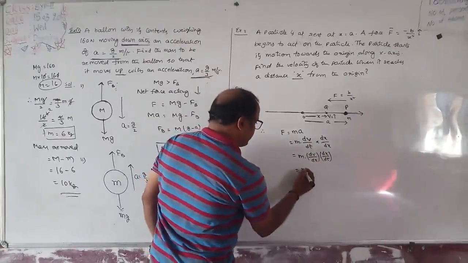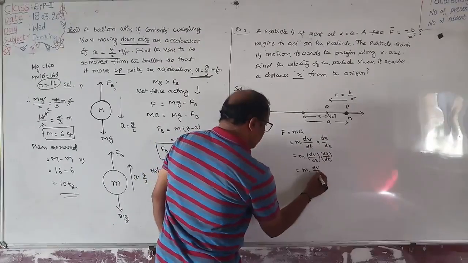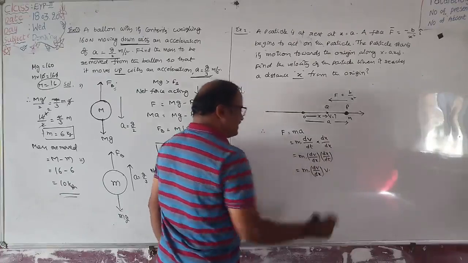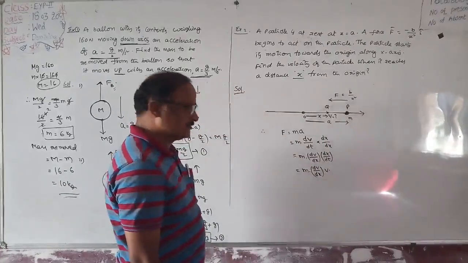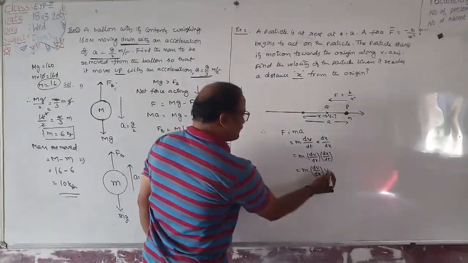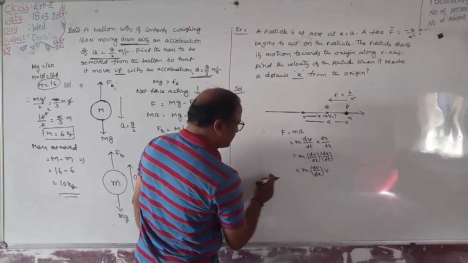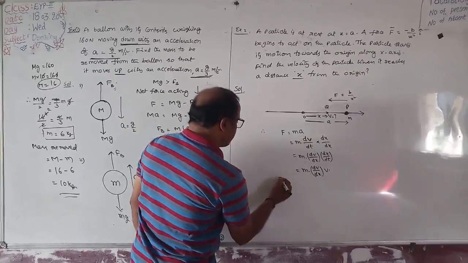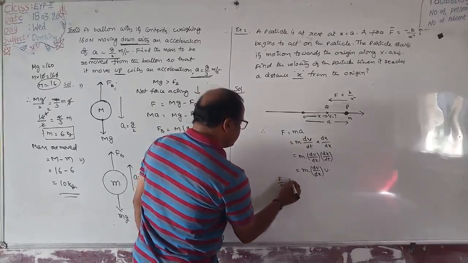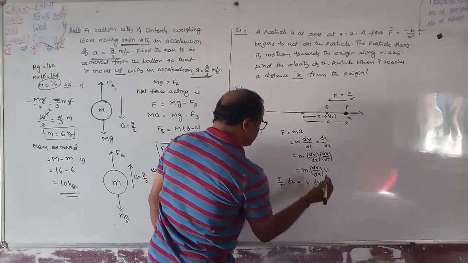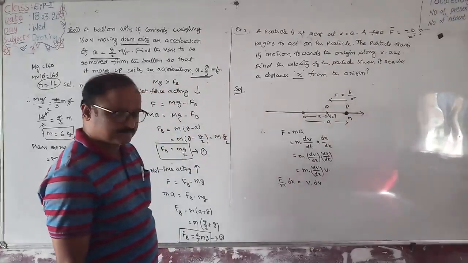So that is equal to m into dv by dx into v. From this formula, F by m into dx is equal to v into dv.